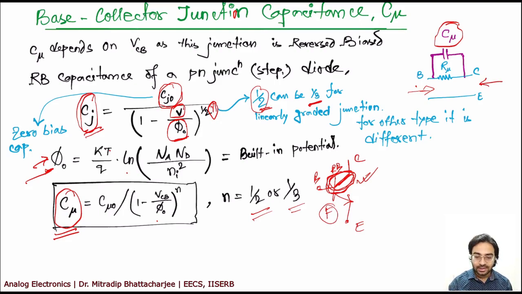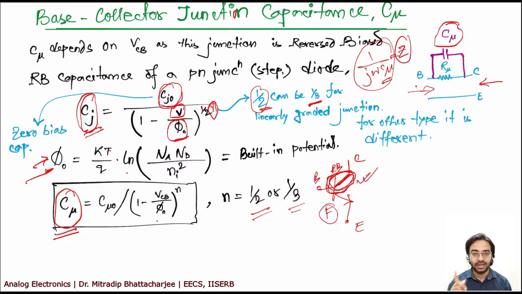Now the ideal case is R mu is very high and C mu is very low, because just like previously I said, 1 by j omega C mu is the impedance. If C mu is very low, the impedance will be very high, so we can neglect this. But if it is the other way around, there are some worries.